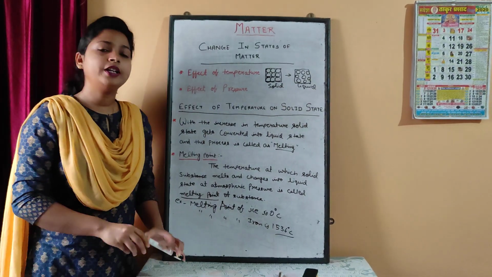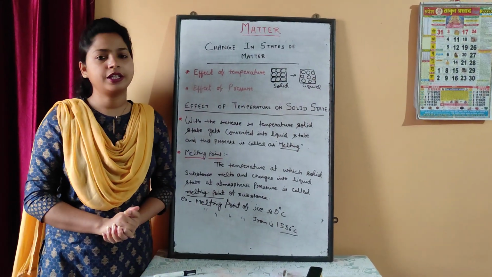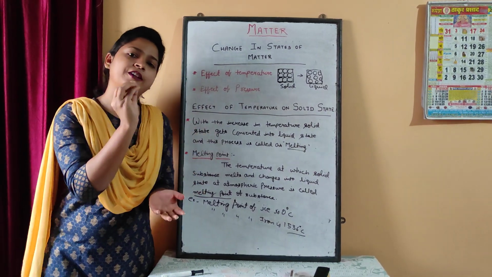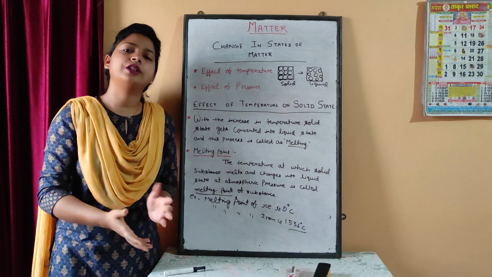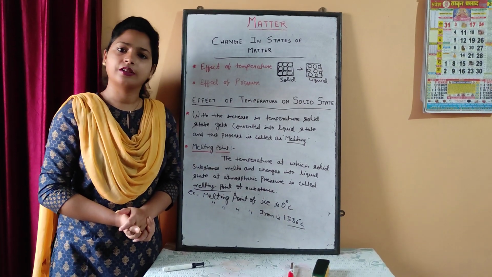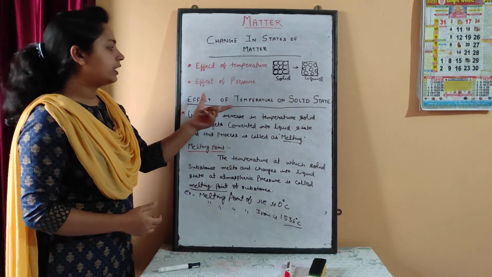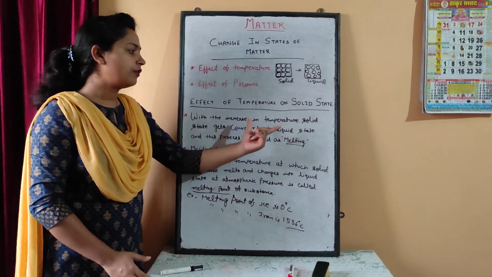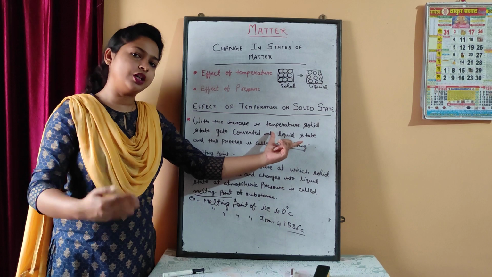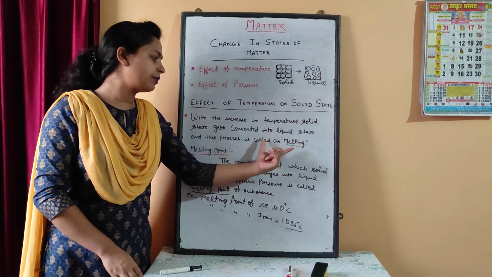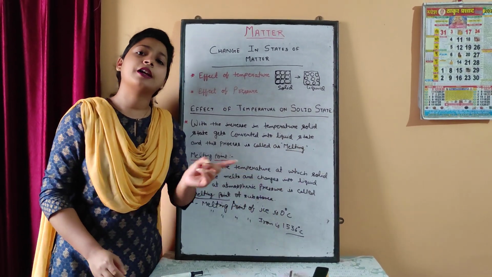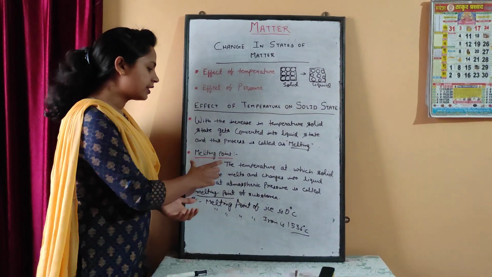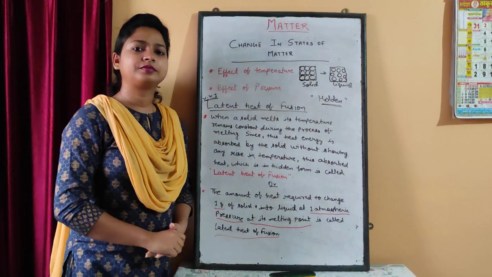So, melting point is a characteristic feature of every solid because a fixed temperature is required to get converted into the liquid state. Whenever we increase the temperature of a solid, it is converted into liquid state by the process of melting, and the temperature at which that conversion takes place is called the melting point.